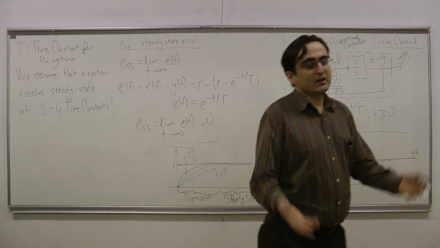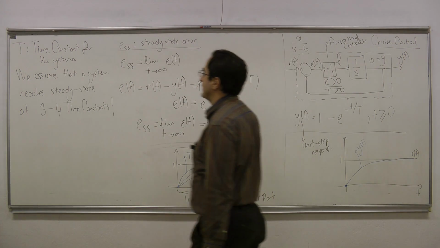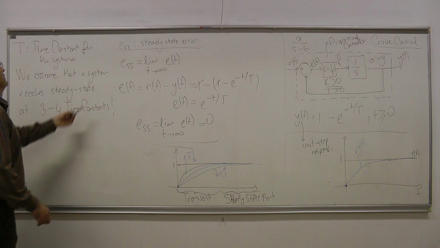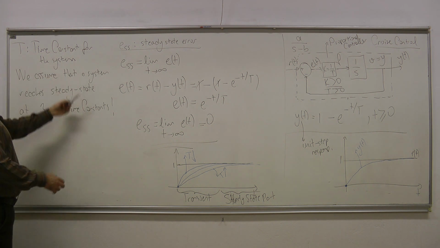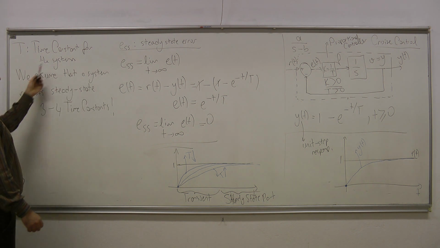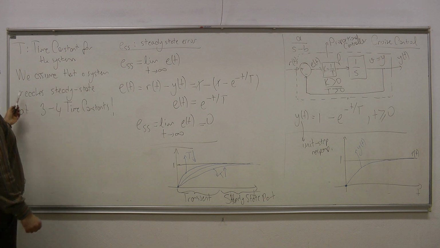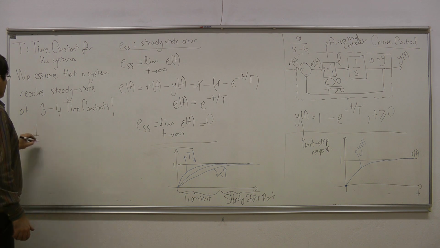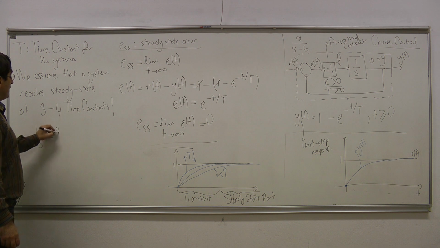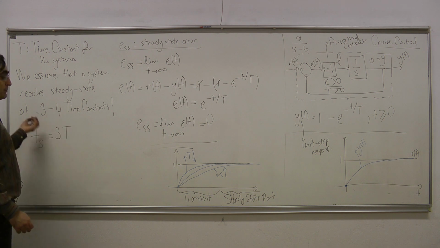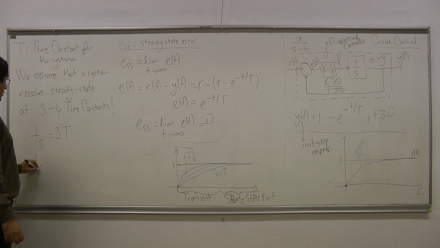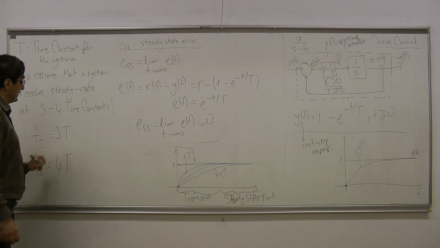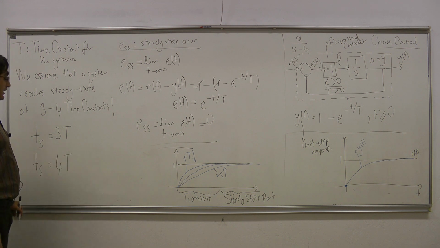This is called the settling time. The amount of time for which the system reaches steady state is called the settling time. And we show the settling time with Ts, and it is either 3T, depending on some application, or sometimes it is defined as 4T.